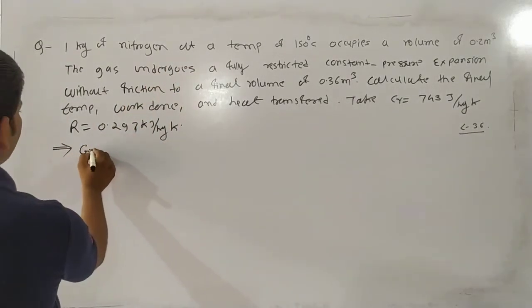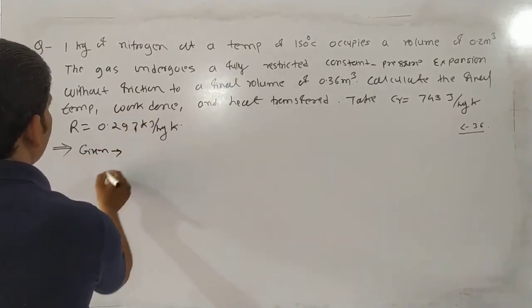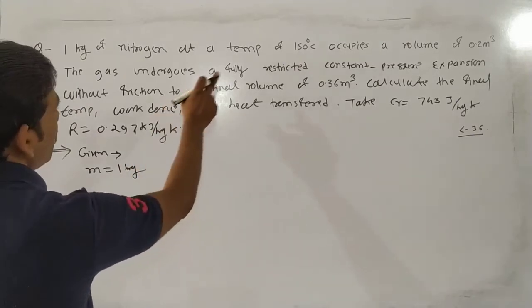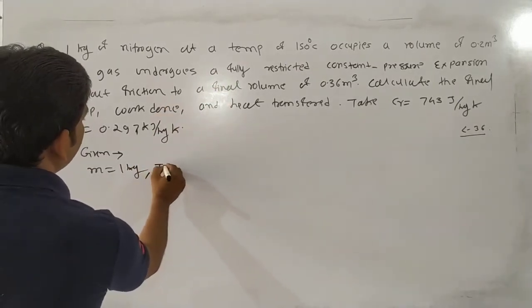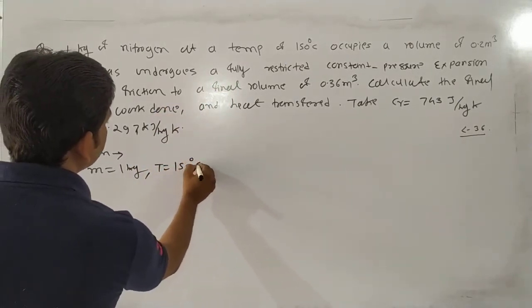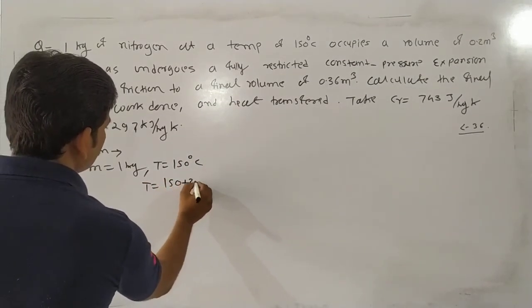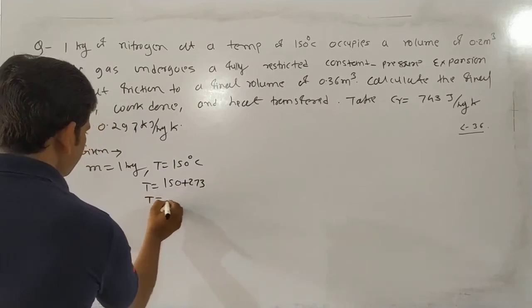So just write down the given data. 1 kg of nitrogen means mass is 1 kg. At a temperature, what is the temperature value? T is equal to 150 degrees Celsius. To convert into Kelvin, 150 plus 273. So how much Kelvin?